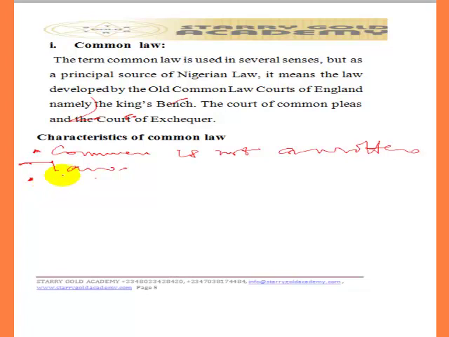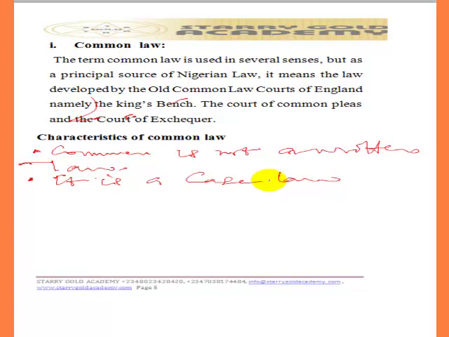And also it is a case law. It is a case law means that it is law that is empowered by decided cases. It was made to function and spread all over England by decisions of the court. So that is why it is known as case law.